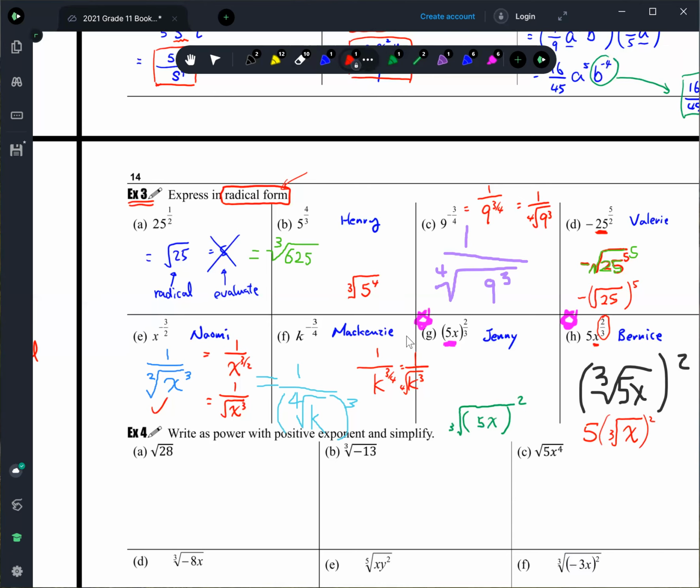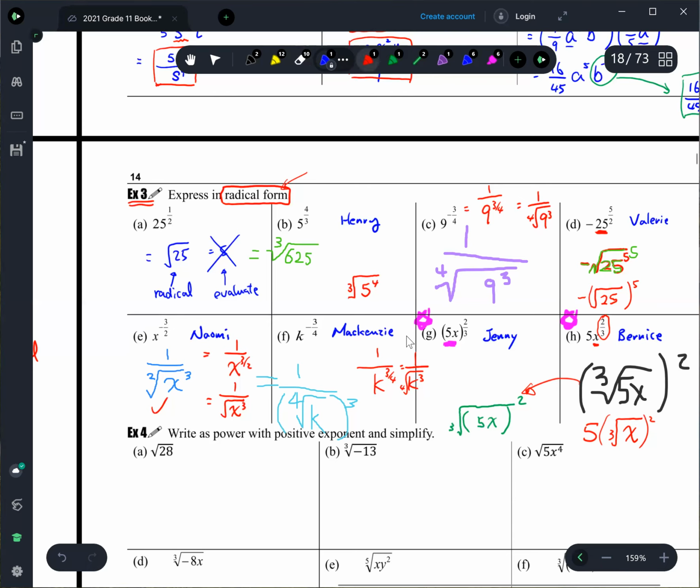So the wrong part is that you have the phi inside. The answer that you got is actually the answer for G. Okay, Bernice. Yeah, okay. So if there's a bracket, everything is inside the radical. Since there's no bracket, the phi does not move at all. Right.